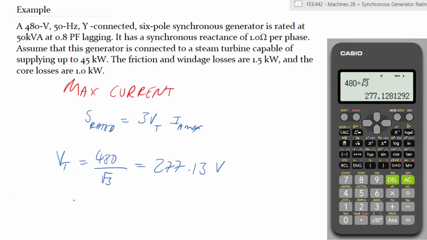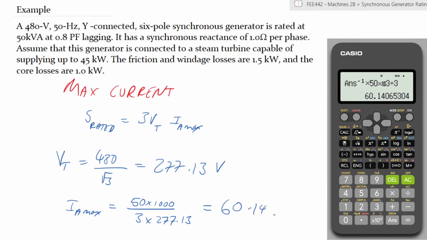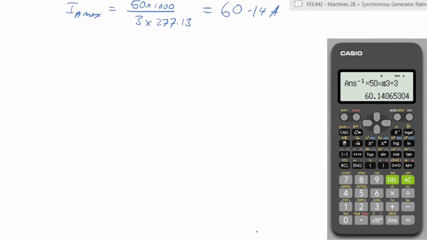Therefore, the maximum current IA max is equal to the rated kVA, 50 times 1,000 because it's kVA, divided by 3 times 277.13, which is 60.14 amperes. So that's our maximum stator current, right?